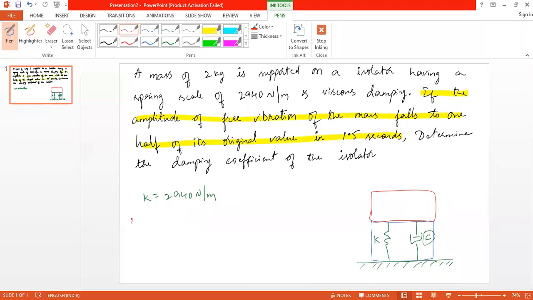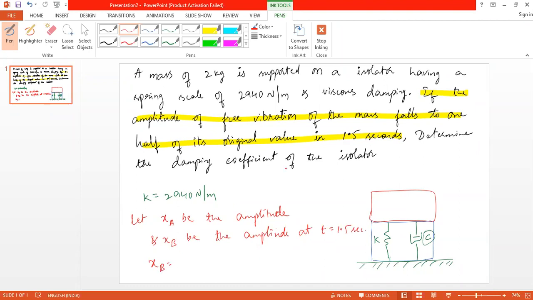that is, let XA be the amplitude and XB be the amplitude at t equal to 1.5 seconds, that is after 1.5 seconds.